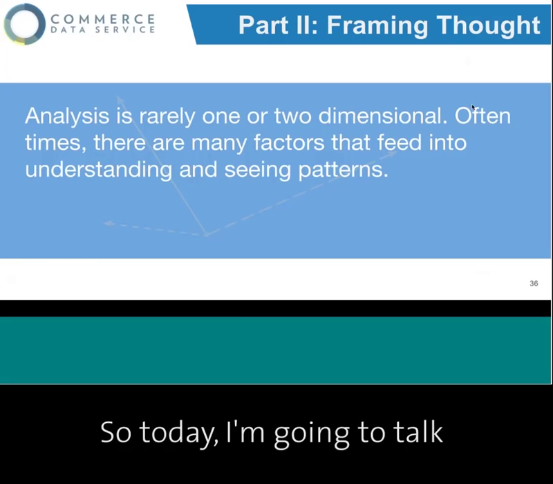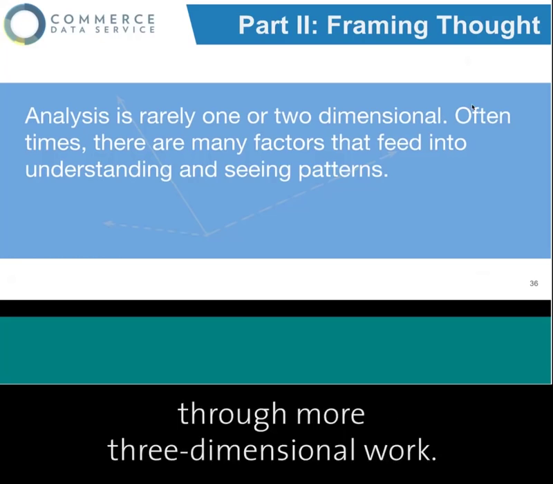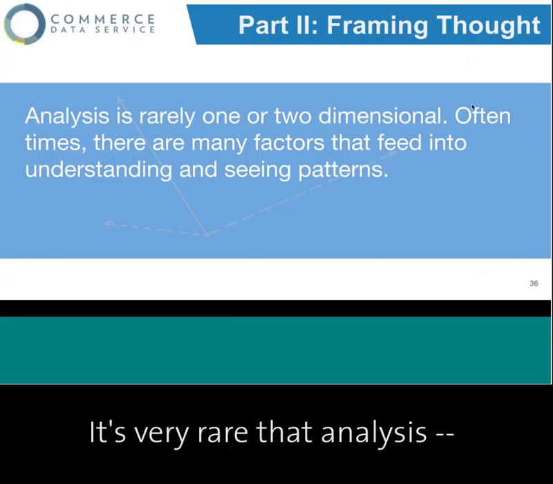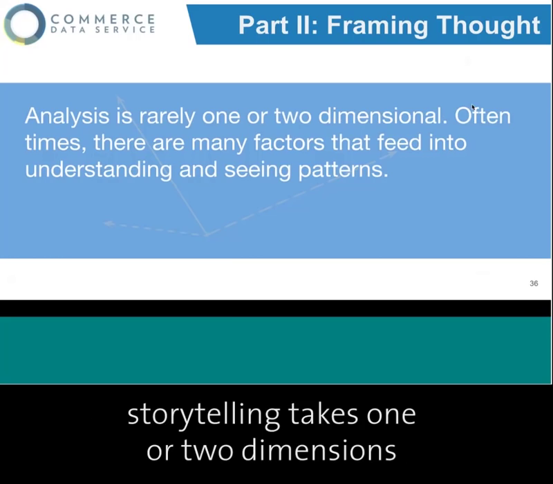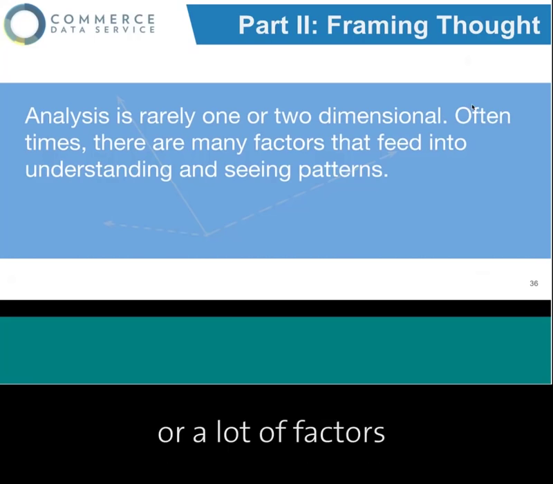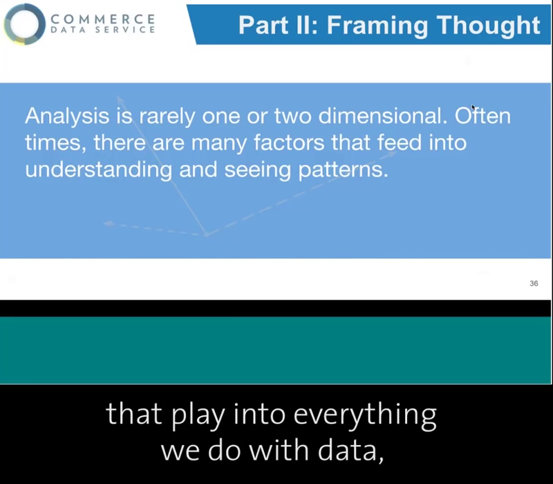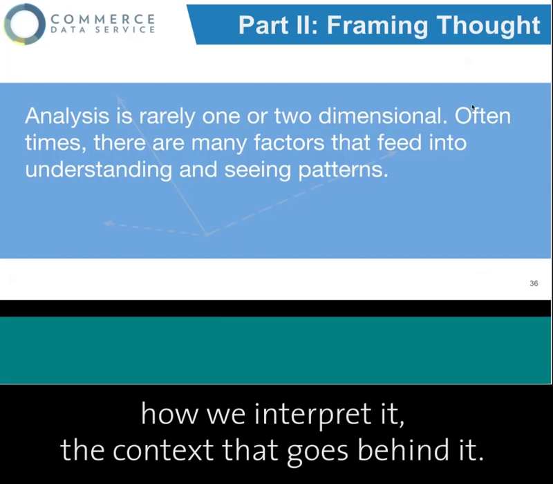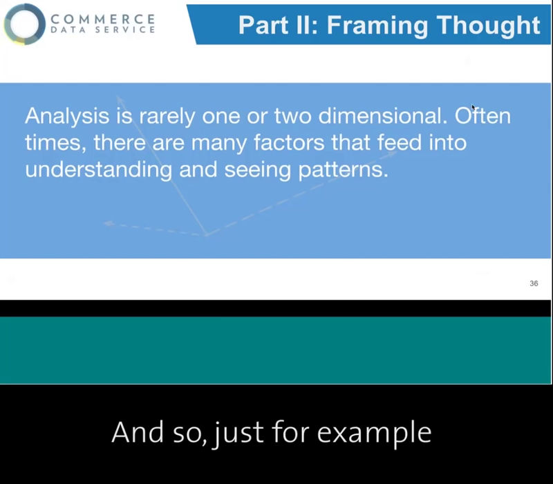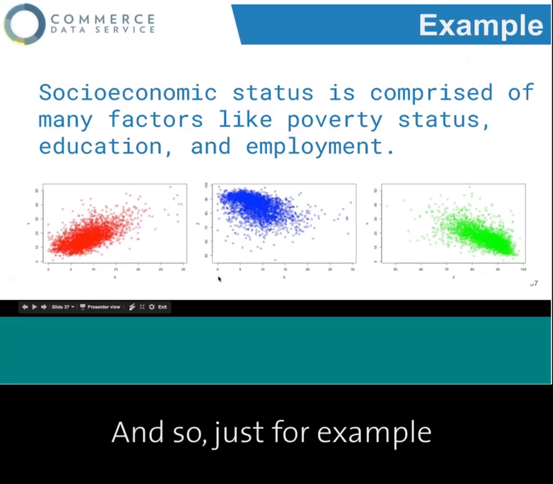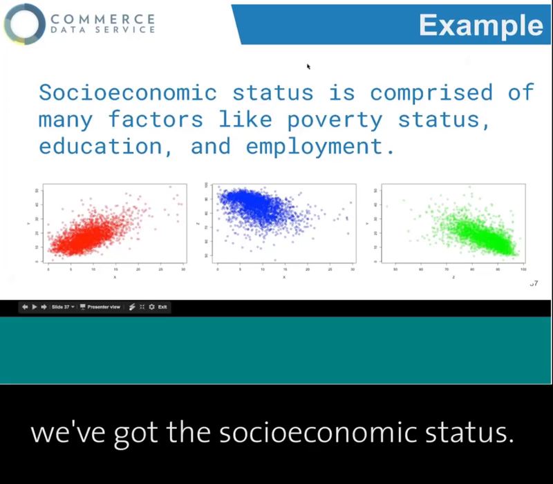So today I'm going to talk through more three-dimensional work. It's very rare that analysis and storytelling take on one or two dimensions. There are a lot of factors that play into everything we do with data, how we interpret it, the context that goes behind it. For example, we look at socioeconomic status.